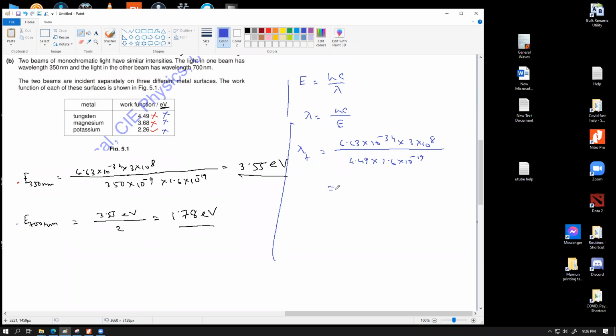Anyone? Sir, 4.49 কেন? I'm trying for tungsten first.